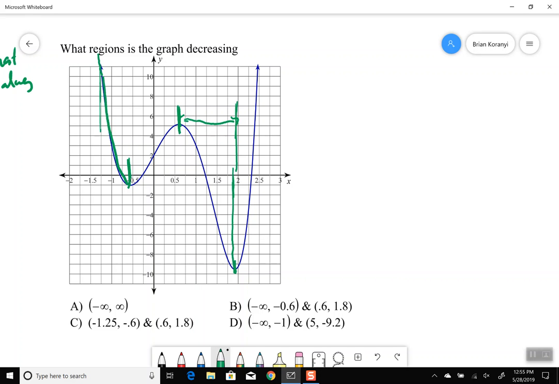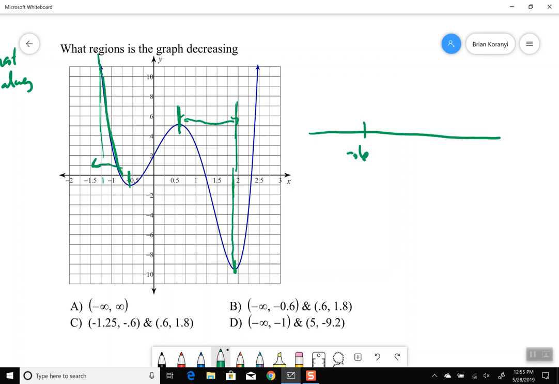From kind of here to here, it's decreasing. And from here on, it's decreasing. So from negative infinity to, if I kind of want to do a number line, that can help me out too, I can do these little inflection points where things change. So it changes directions. Let's say negative 0.6. So here's negative 0.6.